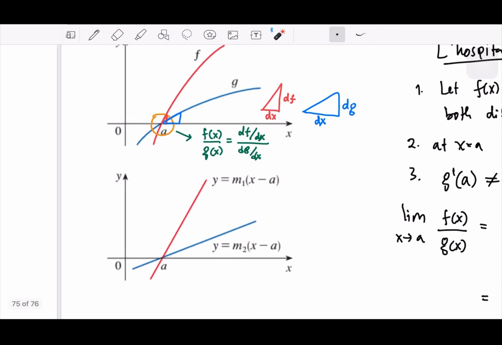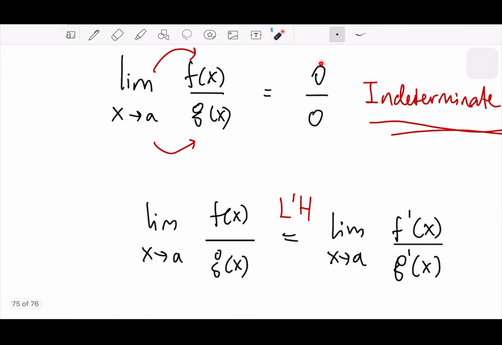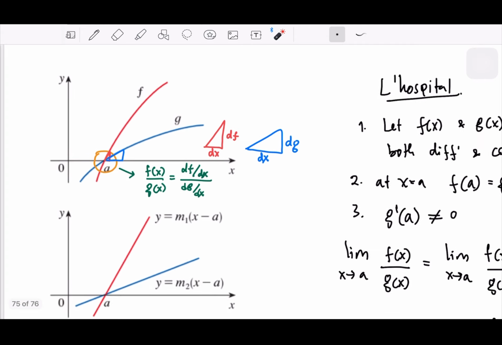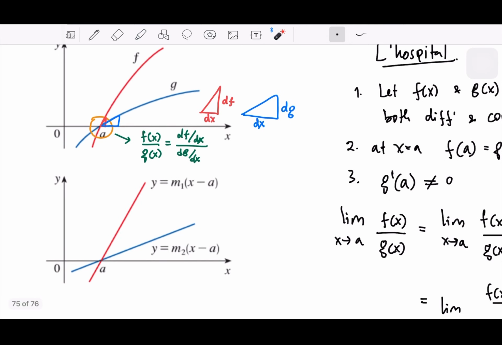This is because if we look at f and g, if f at some number a is 0, and g is also the same, then nearby this point, if you look at the tangent lines and zoom in near the point a, they will look the same, as we mentioned in linear approximations, right?